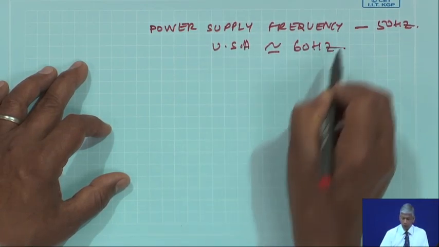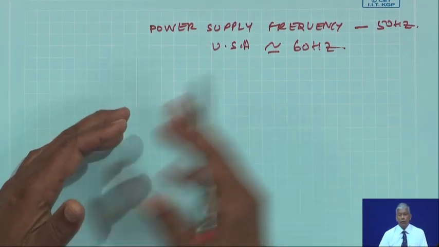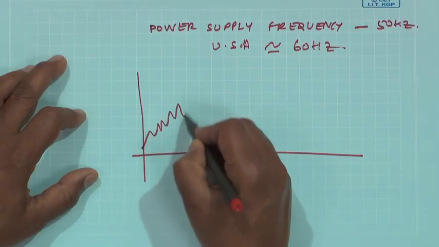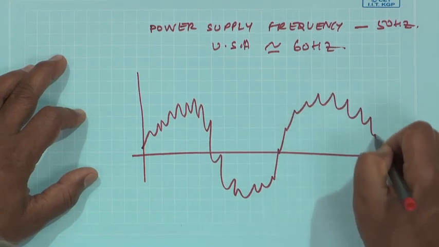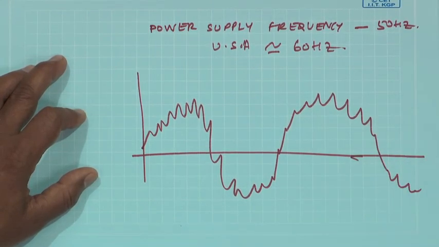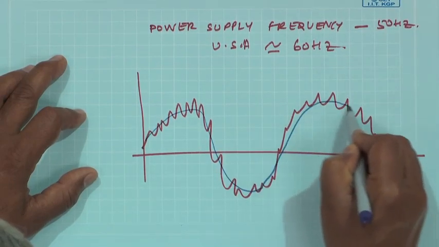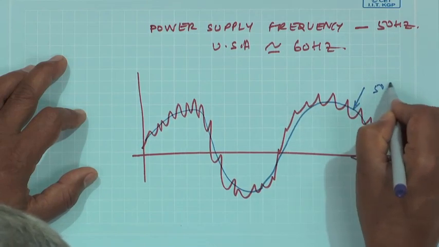Okay. So, many of these electrical signals, because of stray electromagnetic induction, there will be a lot of high frequency, the supply frequency modulating the actual signal. So, in such a case, I can use a notch filter. This could be my 50 hertz signal.